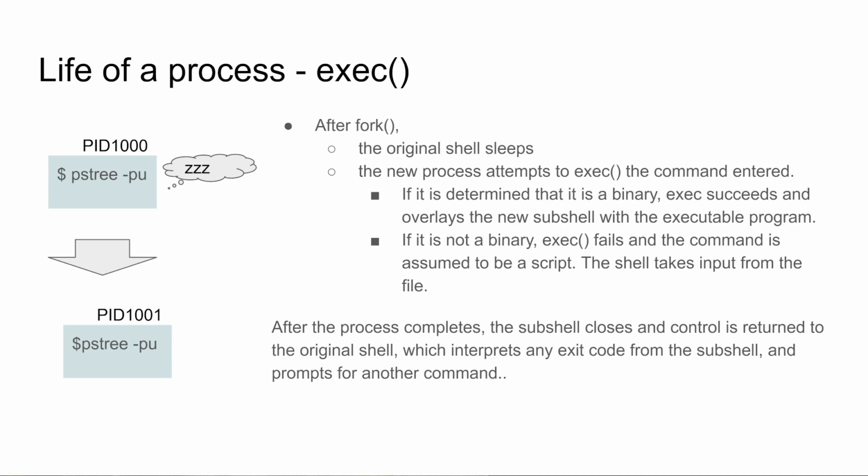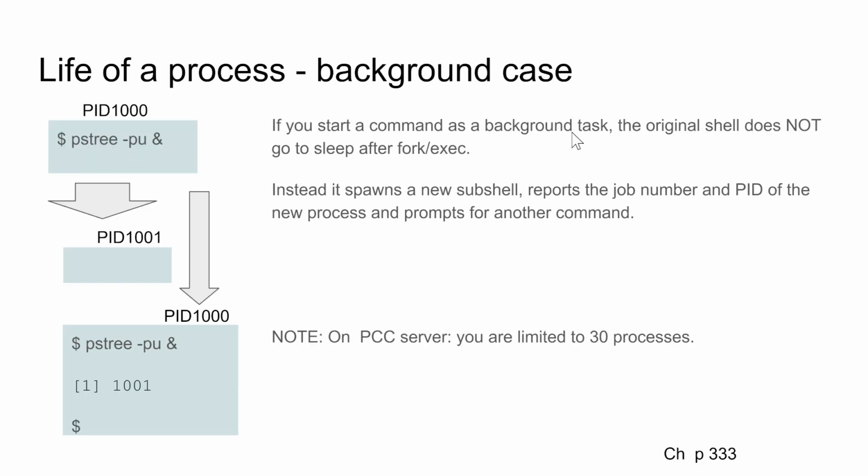The exec will succeed, and it will run it. Okay, so after the subprocess completes, the subshell will close, and control will return to the original shell, which will then interpret any exit code from the subshell, and it will prompt for another command. So that is fork and exec.